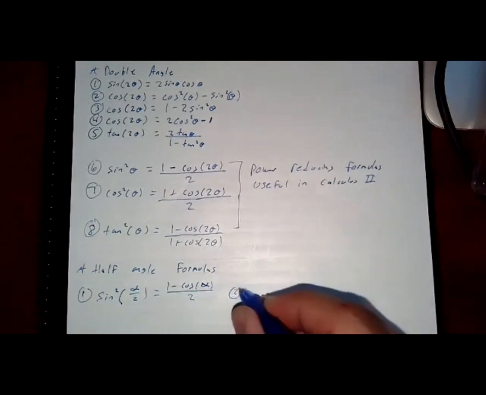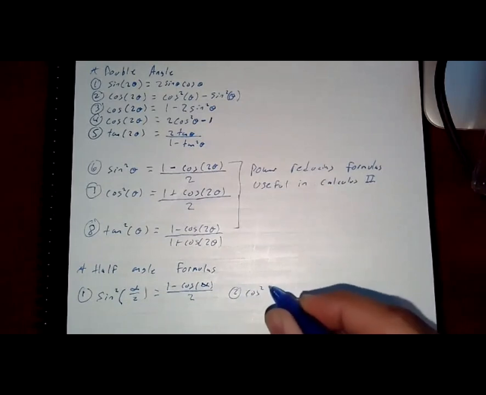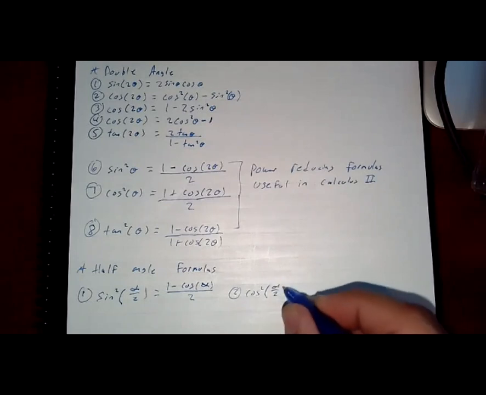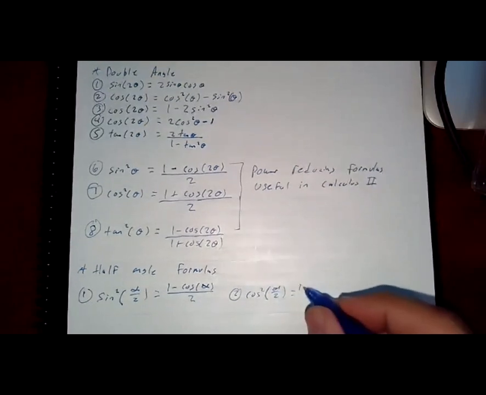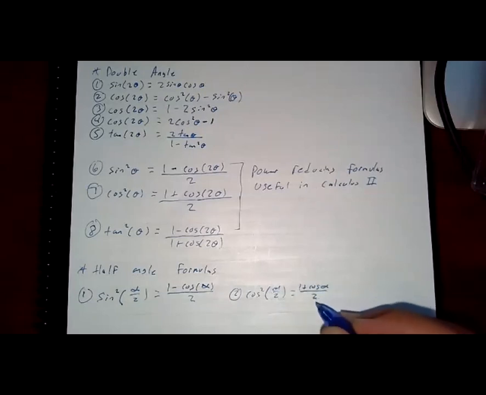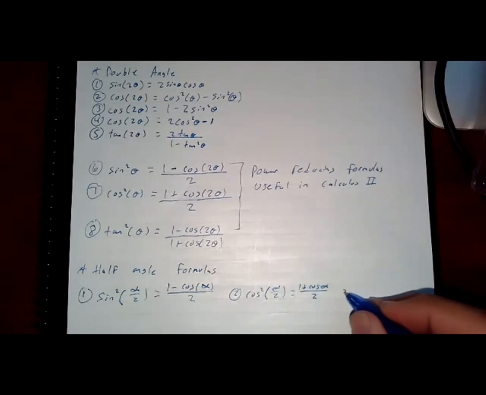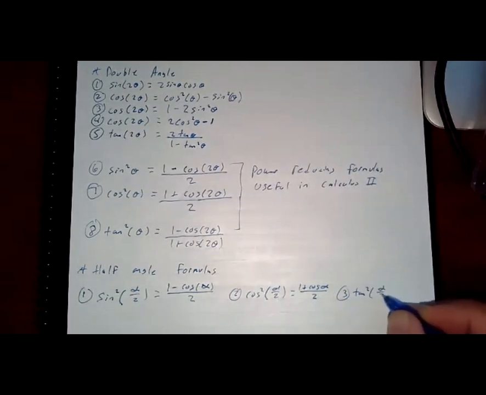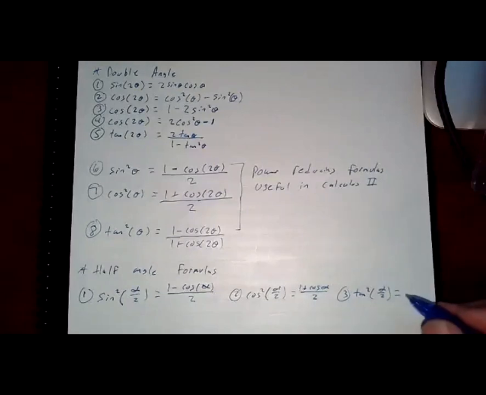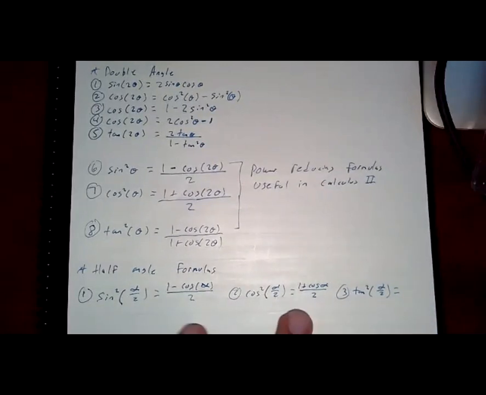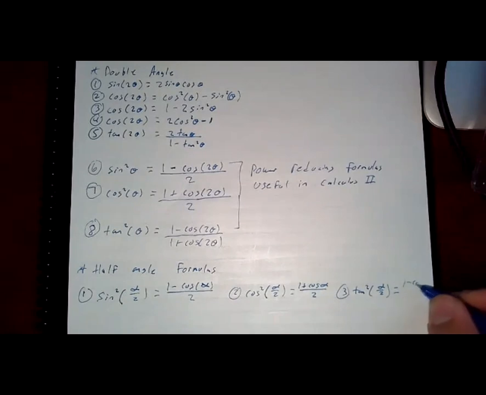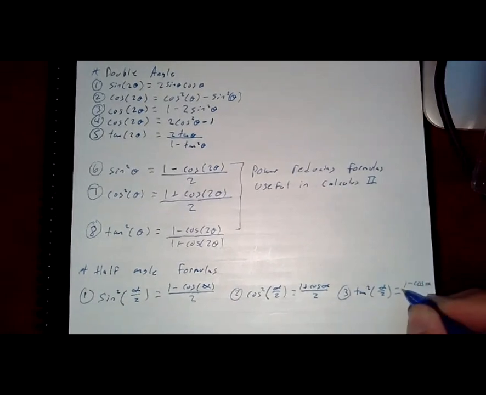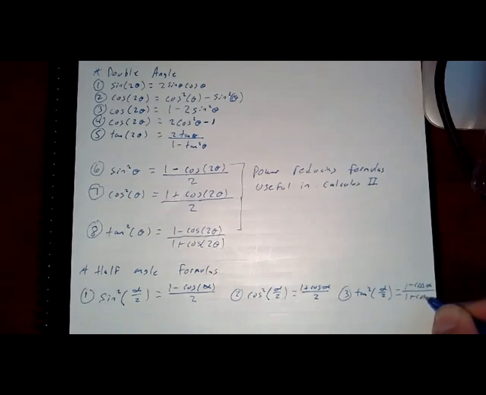Number 2, cosine squared alpha over 2 is equal to 1 plus cosine alpha over 2. Number 3, tangent squared alpha over 2 is equal to just the quotient of these two: 1 minus cosine alpha over 1 plus cosine alpha.